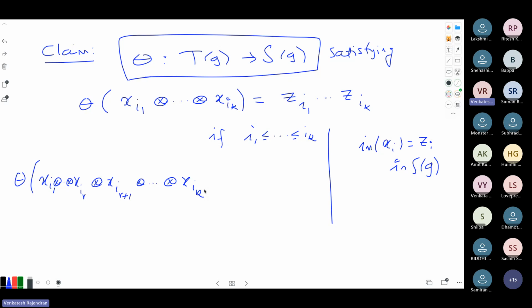It doesn't matter what element you are taking. Whenever you want to switch, that is where this relation will be used. Whenever you want to switch the r plus 1 place, you have to pay the cost. So the image of this, you are switching it here.